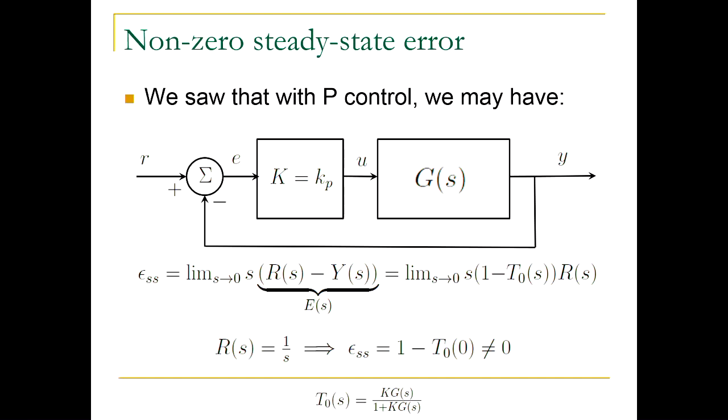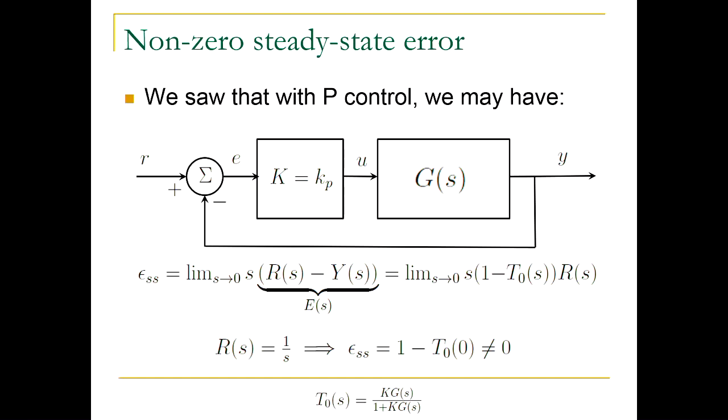So T at 0 is given here, and depending on G of S, T at 0 can take different values. In general, if I pick the plant and controller generally and substitute S equal to 0 here, I get KG0 over 1 plus KG0.